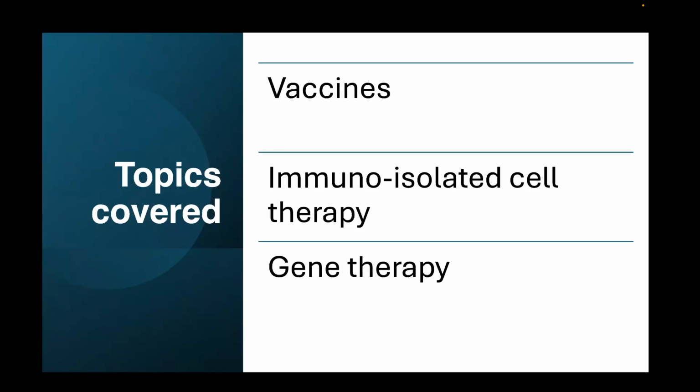Now this vaccine could be of different types. It could be live attenuated organisms, or inactivated or killed pathogens, or a subunit of the pathogen, or a recombinant polysaccharide or conjugate from the protein or a component of the pathogen.